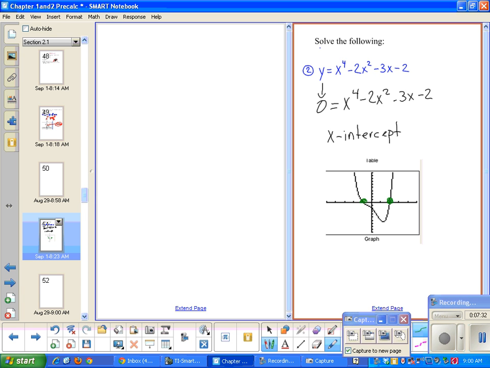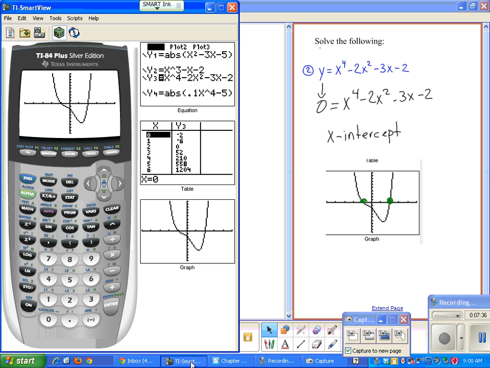Now, when you ask your calculator to find these, we're going to go to second, calc again, but this time we are finding the zeros, which is number 2. So press enter. Now it's asking you for a left boundary.